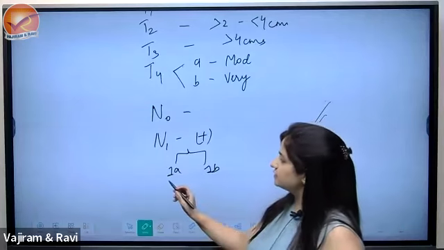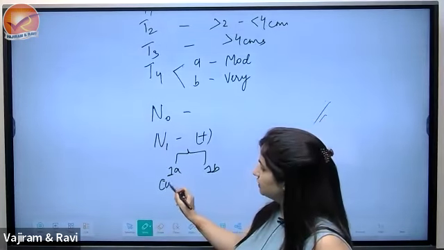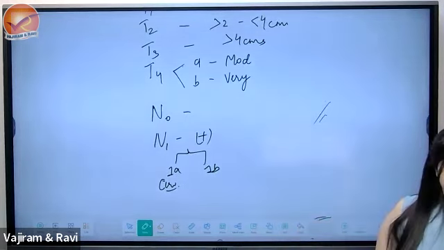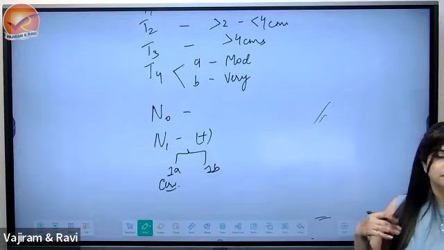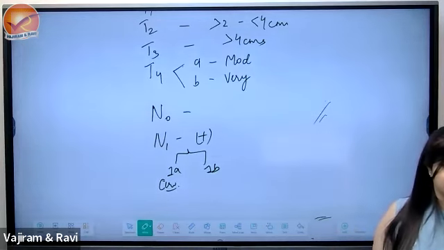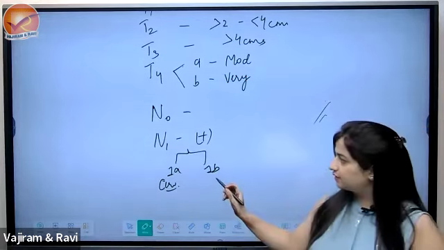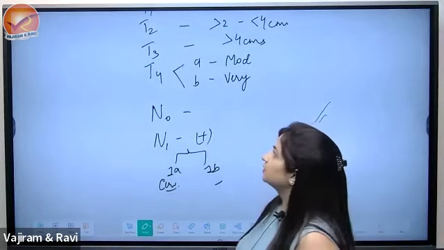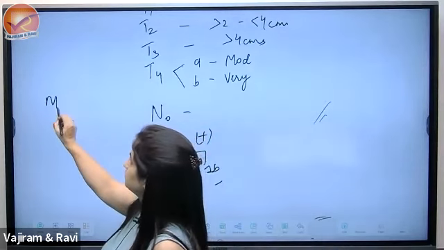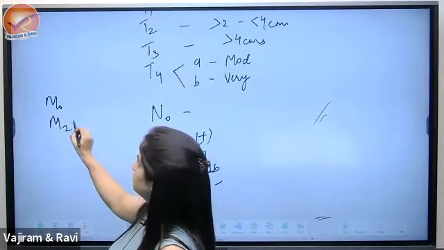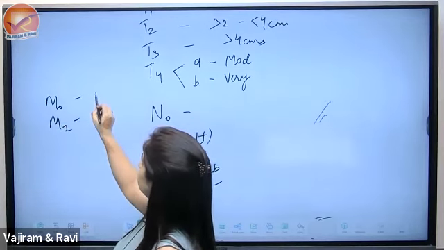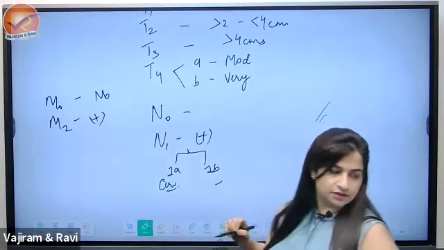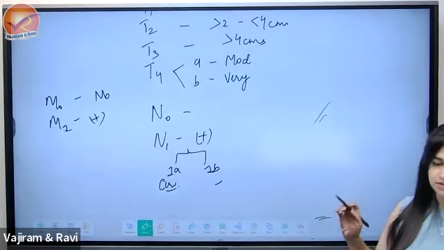In 1A it includes all the cervical lymph nodes, all the levels, and 1B is lymph nodes beyond the cervical lymph nodes, any other lymph node. Then we have M0 and M1. M0 is no metastasis, M1 is metastasis present, and there is no further categorization.